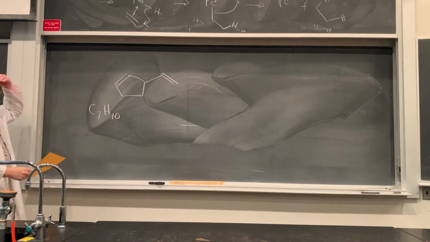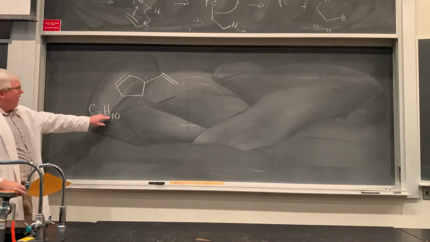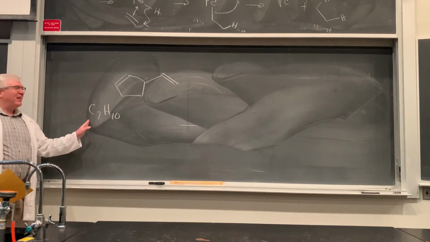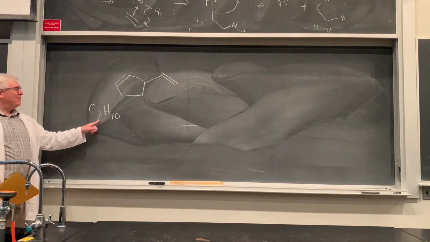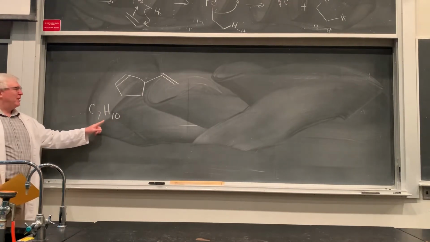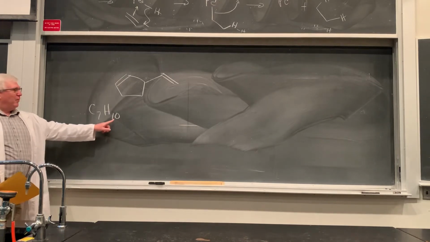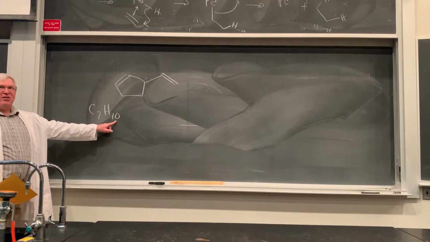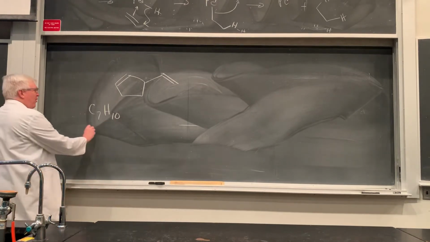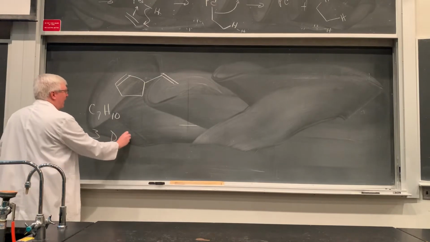Add up all your carbons; I think there's 7. Hydrogens, remember we talked about the degree of unsaturation. The maximum number of hydrogens with 7 carbons would be 7 times 2 plus 2, which is 16. But we don't have 16 hydrogens here, we have 10. So 16 minus 10 is 6, divided by 2, so we have 3 degrees of unsaturation.